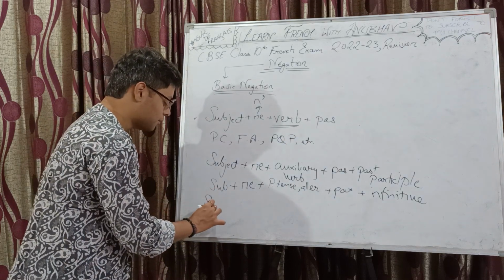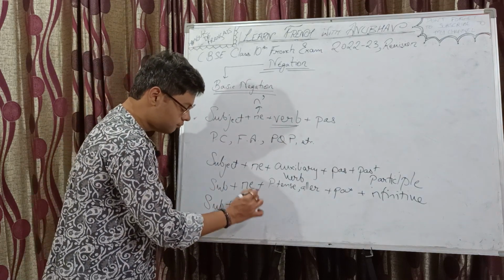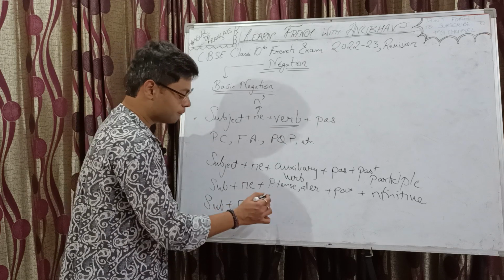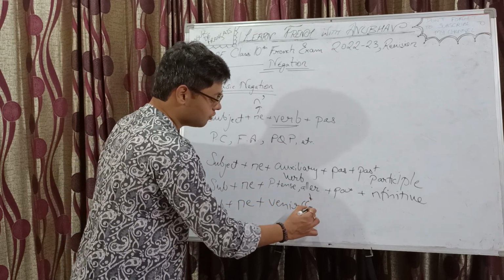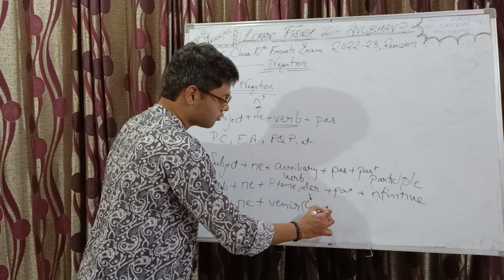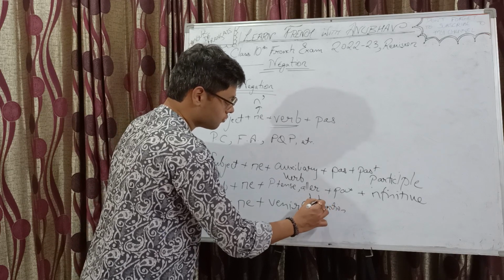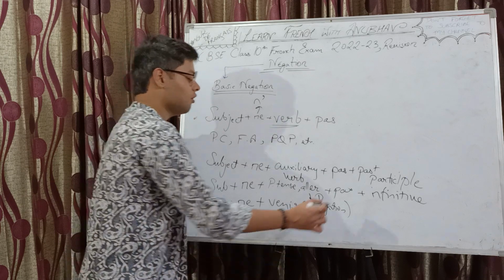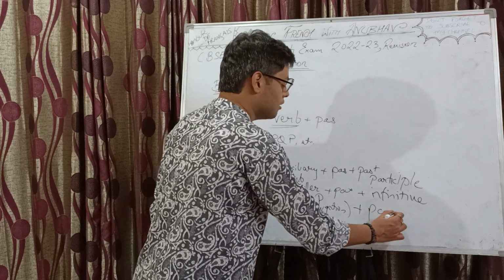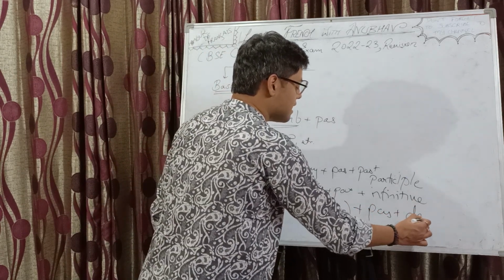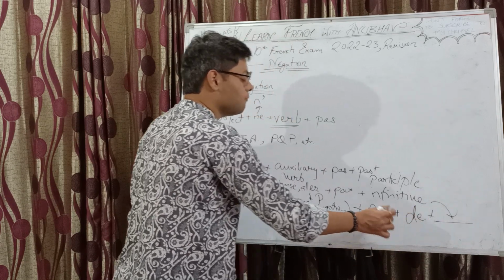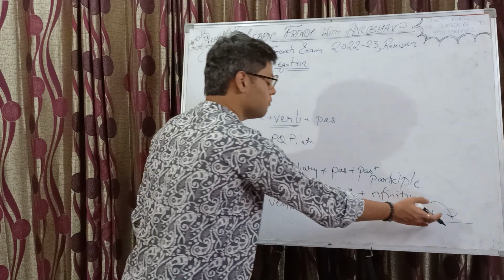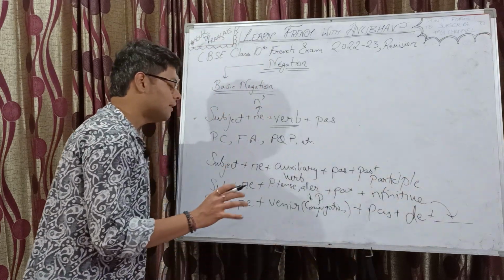Similarly, in passé récent, subject plus ne plus venir in the present tense conjugation, plus pas plus de, plus the infinitive, and this de will become d' in case the verb begins with a vowel.